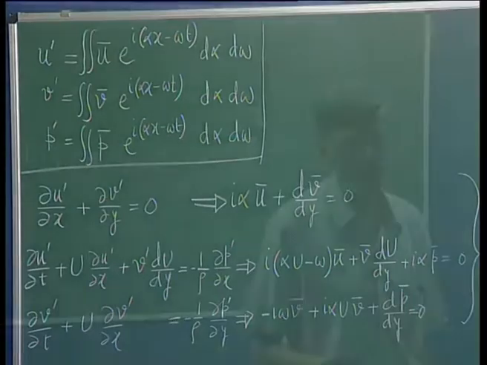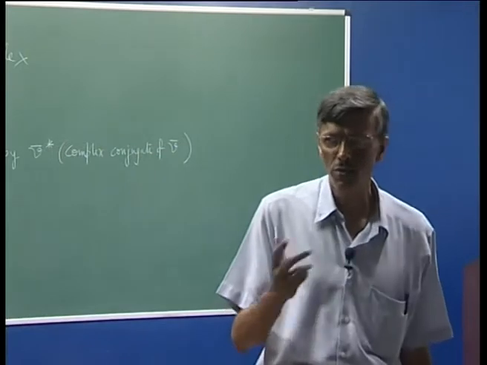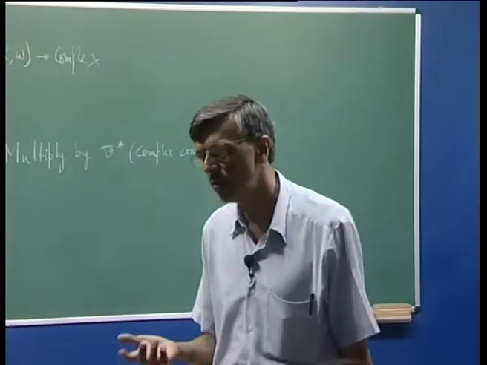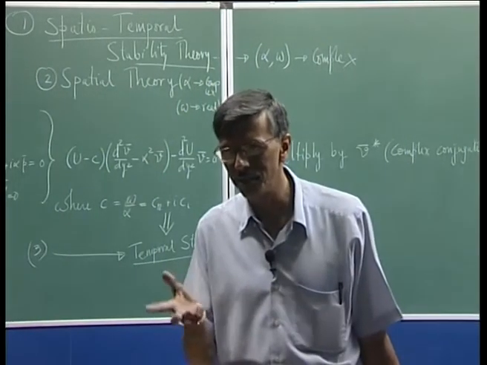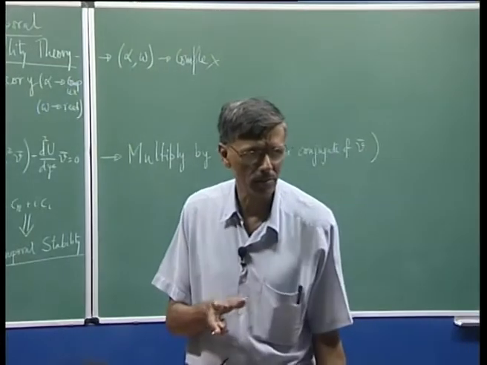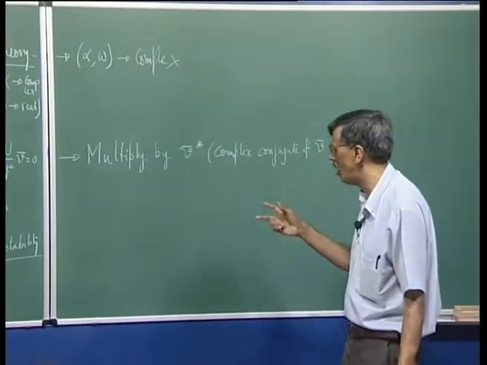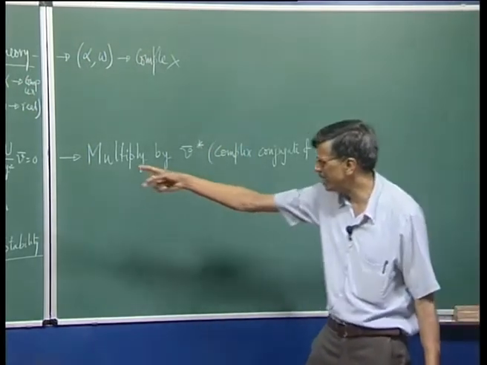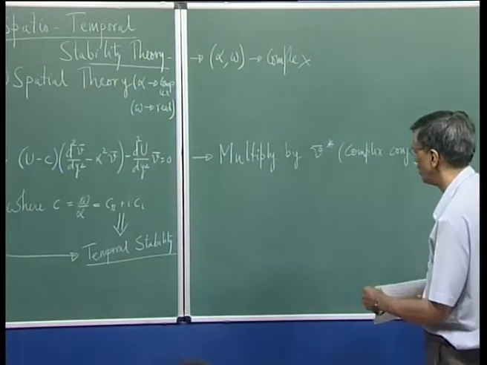What does it achieve for you? Well, if it is complex, then you can talk about u, v and p having their own phase, and then it will not be all the same. That is why you will have different values of the relationship between the real and imaginary parts, right. So, what we are talking about is to take that equation and multiply by its complex conjugate.